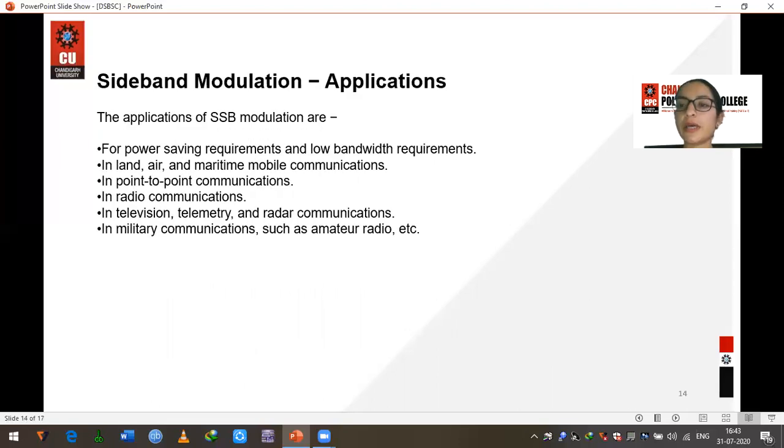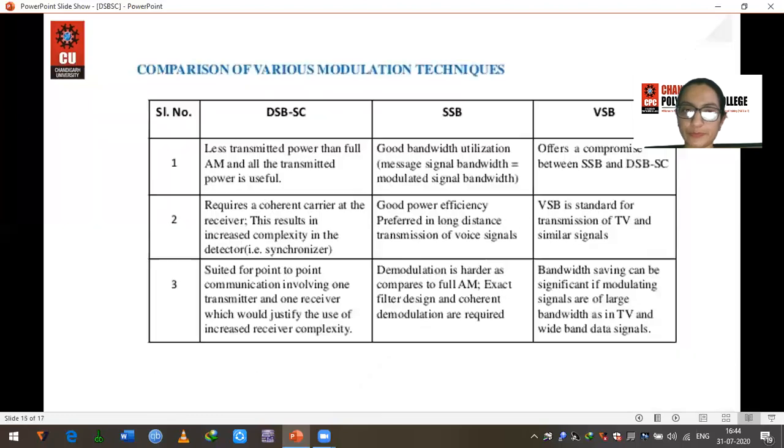Now, let us start with the applications. Applications are military communications, television, telemetry and radar communications, radio communications, land, air, and maritime mobile communications, and point-to-point communications, which we studied previously.